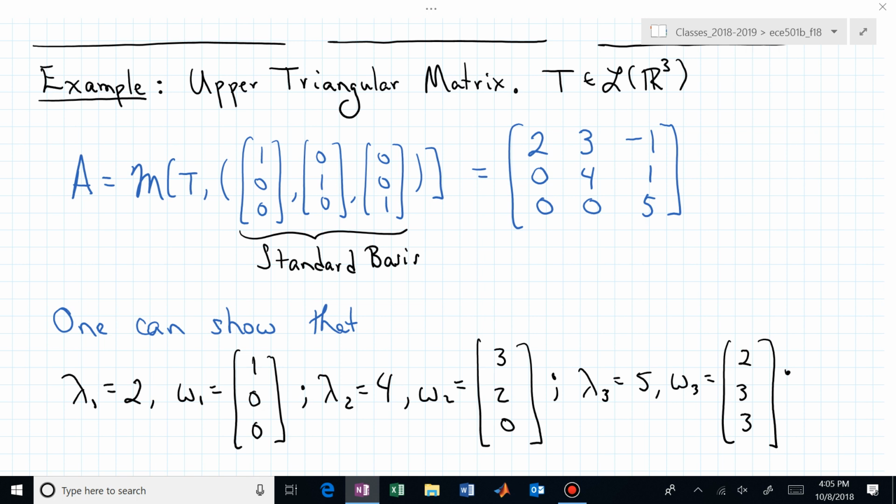So here we're just using our standard basis, and hopefully either after today or even now you understand how to find the eigenvalues of an upper triangular matrix. We'll state that, but right now we'll just say that in fact those eigenvalues are on the diagonal of an upper triangular. They're on the diagonal of a lower triangular. They're on the diagonal of a diagonal matrix.